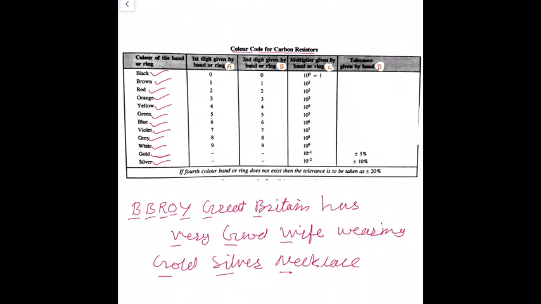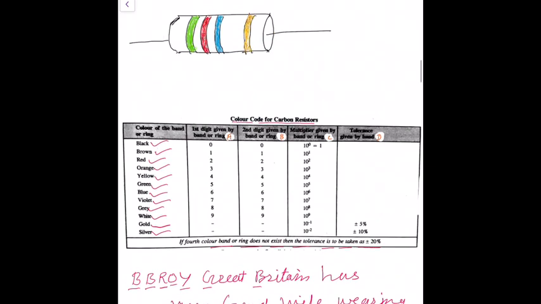And last, no color. If the fourth color band or ring does not exist, then the tolerance is to be taken as plus or minus 20%.